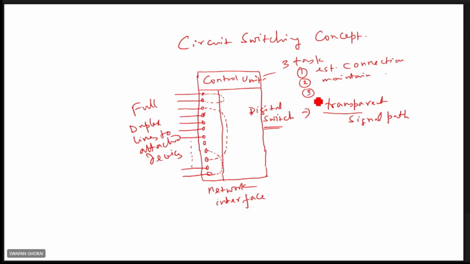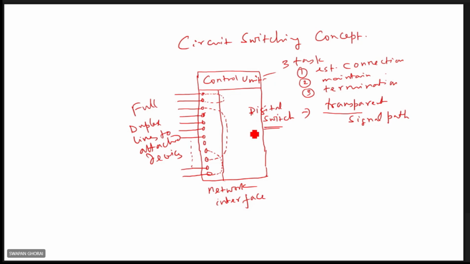It can tear down the connections in response to a request from any one of the parties or for its own reasons. So there are three functions for the control unit, right?